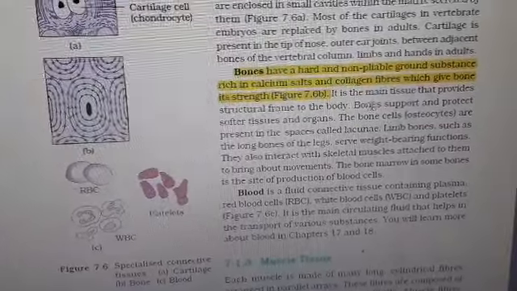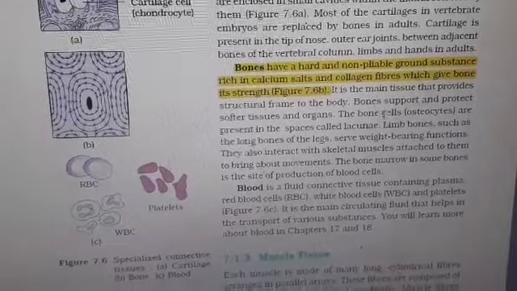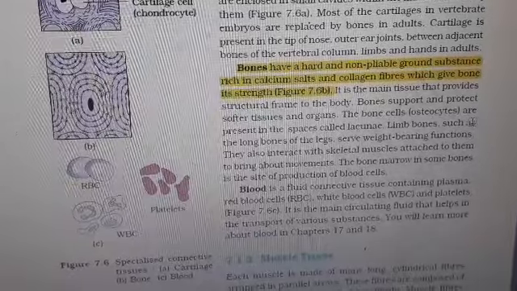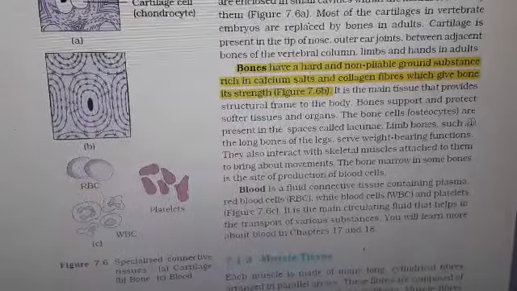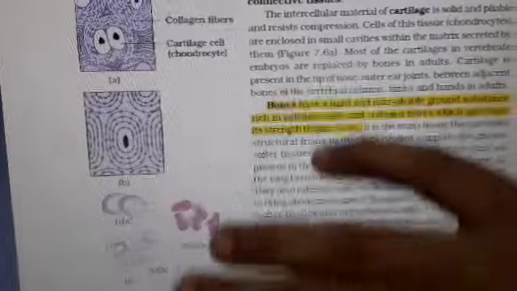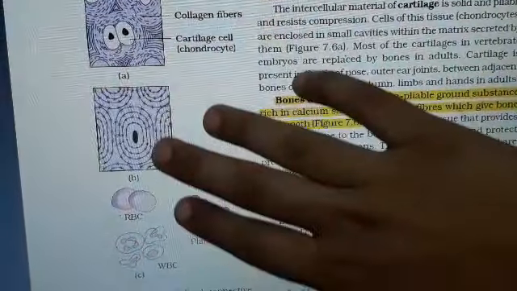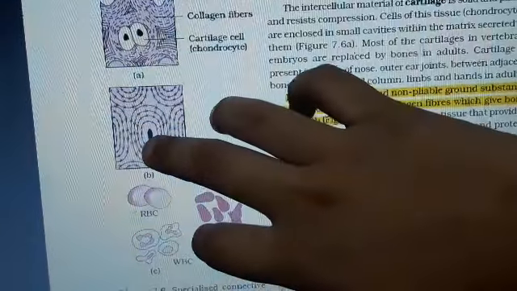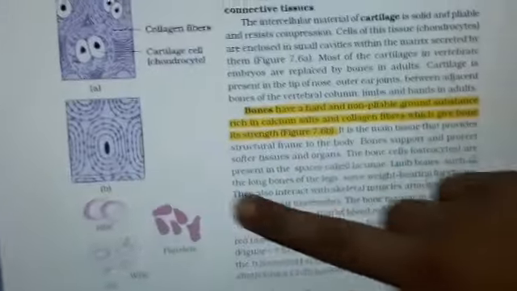It's the main tissue that provides a structural frame to the body. Bone supports and protects the softer tissue and organs. The bone cells, osteocytes, are present in the spaces called lacunae. So these are the lacunae. The spaces are lacunae, and these are the bone cells.